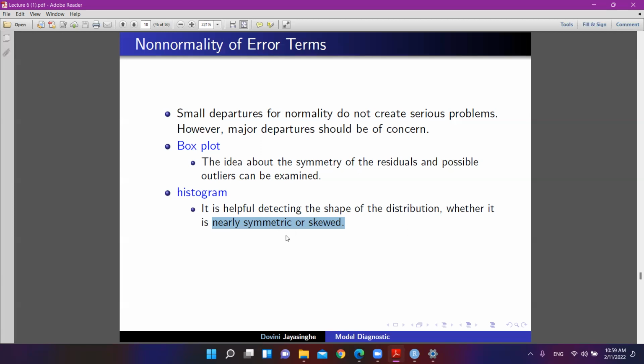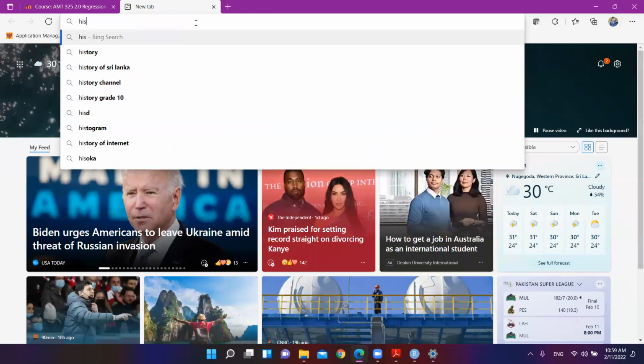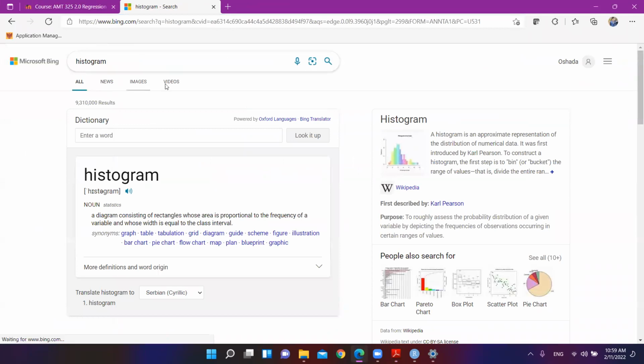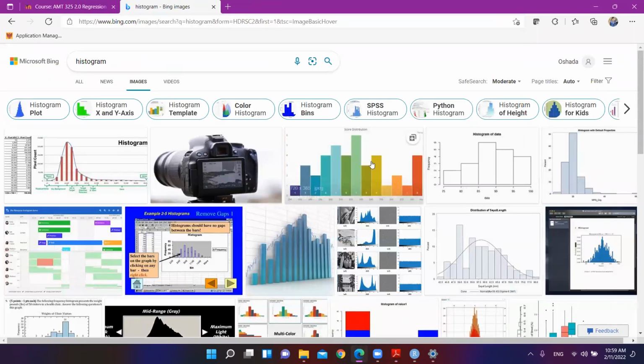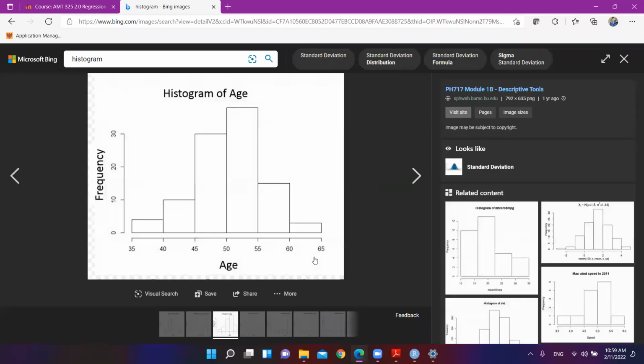So anyway, by a histogram, if you get a histogram like this, these are basically histograms, right? If you get a histogram like this, it's approximately showing some bell shape.